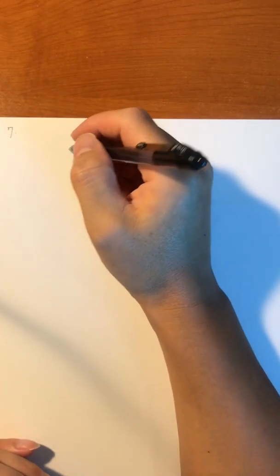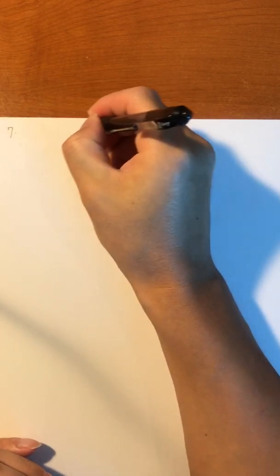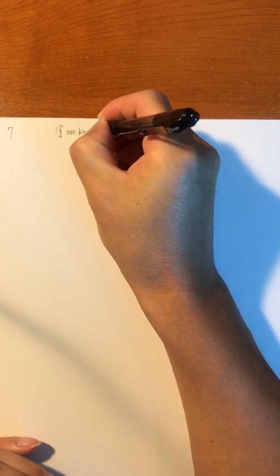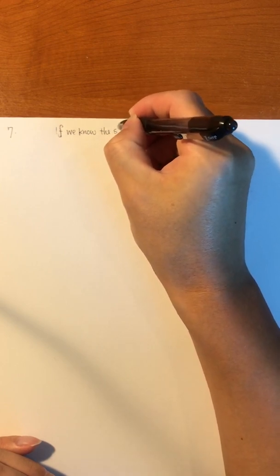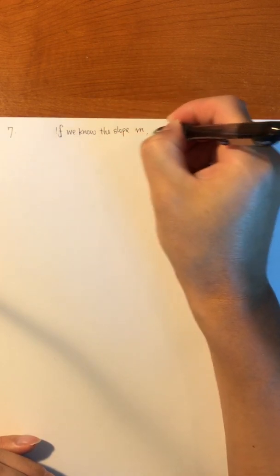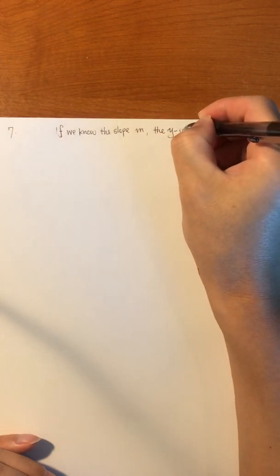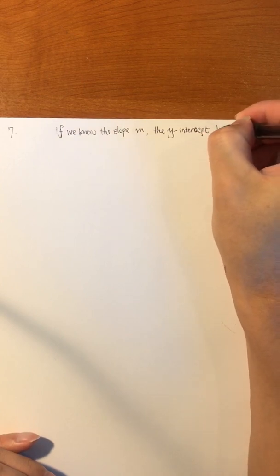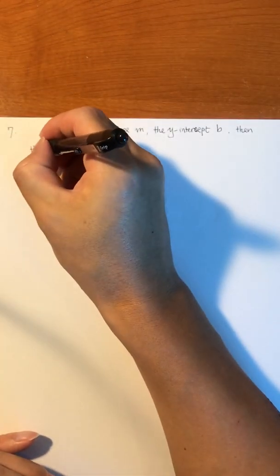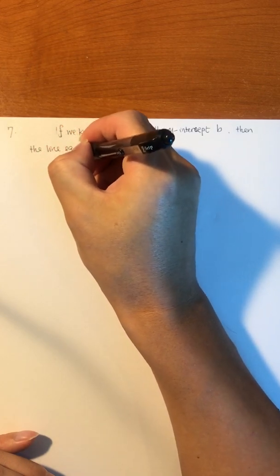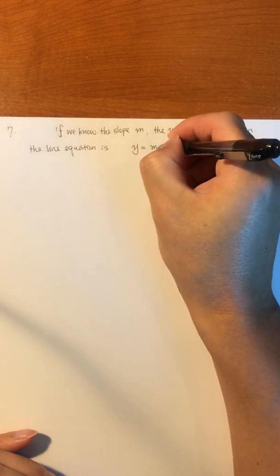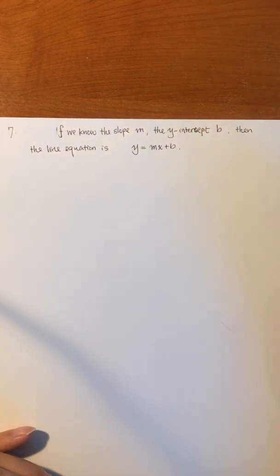Okay, so we already know that if we know the slope m and the y-intercept b, then the line equation is y equal to mx plus b.